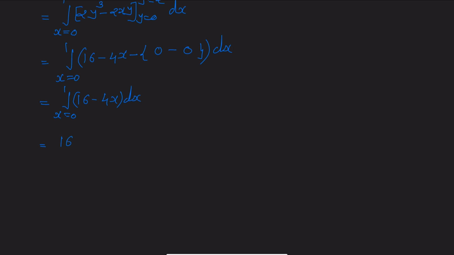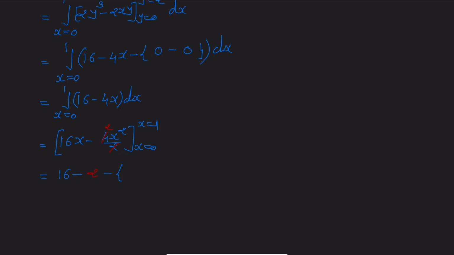So this is 16x minus 4x square by 2 from x is equal to 0 to x is equal to 1. When x is equal to 1, this is 16 minus, these 2 will be cancelled out, so 16 minus 2, minus sign for lower limit.